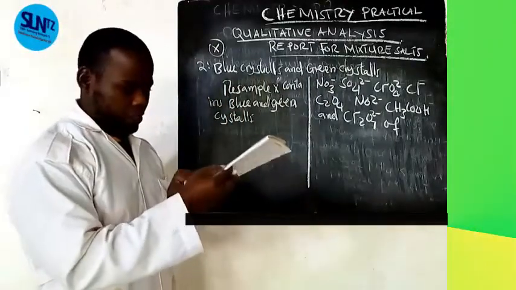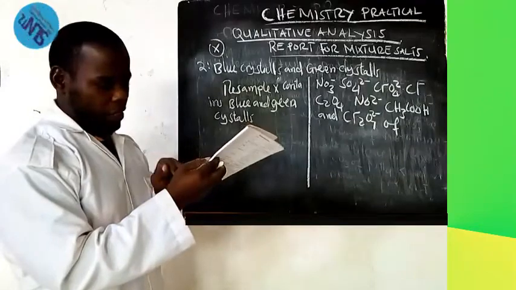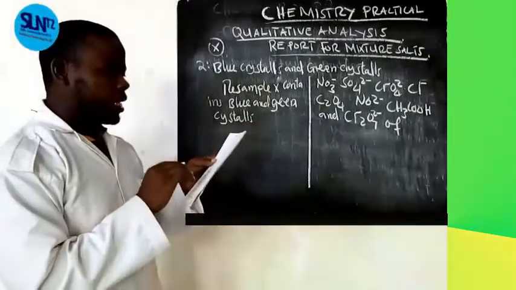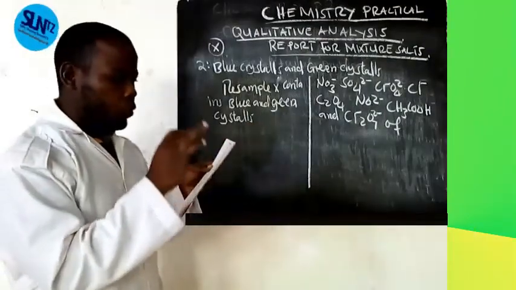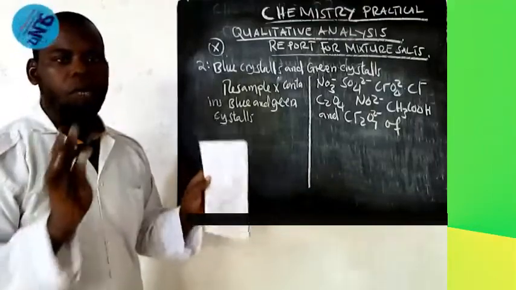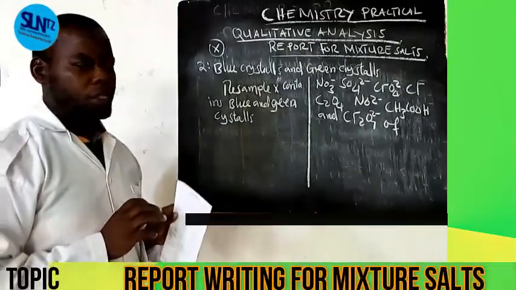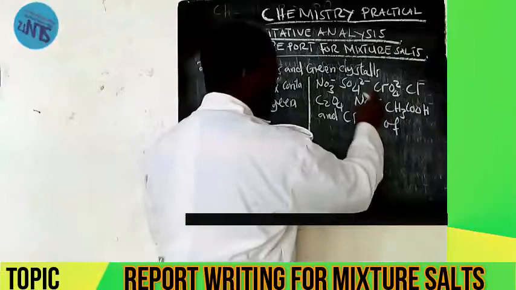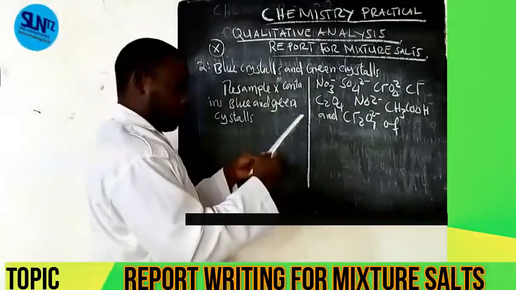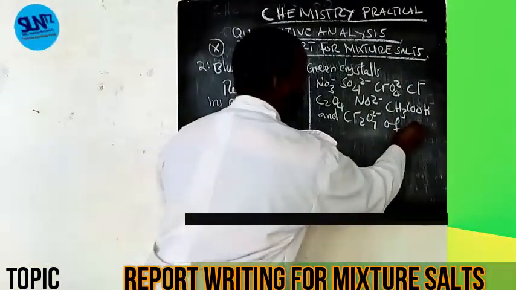Blue there is copper, cobalt, but green there is iron 2, nickel, chromium, copper 2. You have to join those cations. Of this one, it means we start with blue, copper 2.